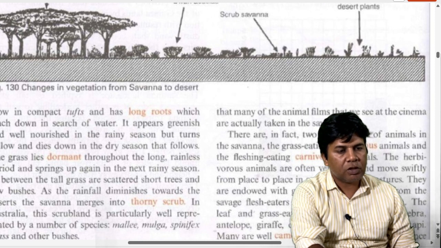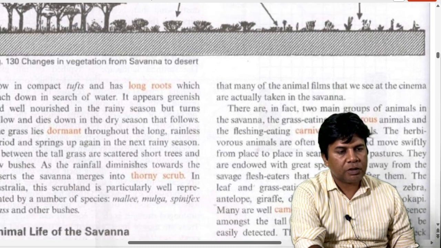In between the tall grass are scattered short trees and low bushes. As the rainfall diminishes towards the desert, the savanna merges into thorny scrubs. In Australia, the scrubland is particularly well represented by a number of species like mallee, mulga, spinifex grass, and other bushes.